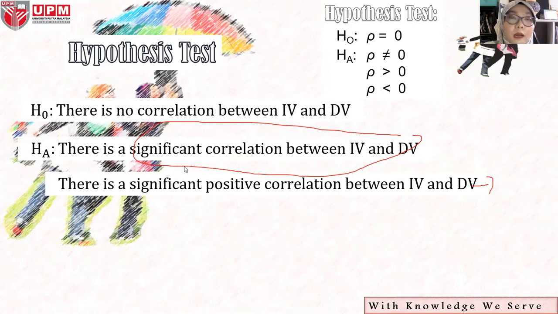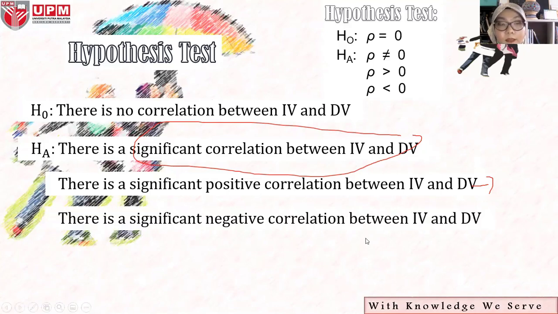How can I determine whether it is directional or non-directional? It must be based on past studies. When we do the literature review, we review the direction of the relationship based on past studies, so we come up with the conclusion ourselves. This is another one: there is a significant negative correlation between IV and DV.